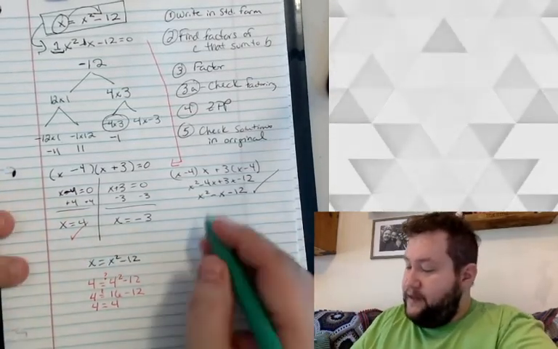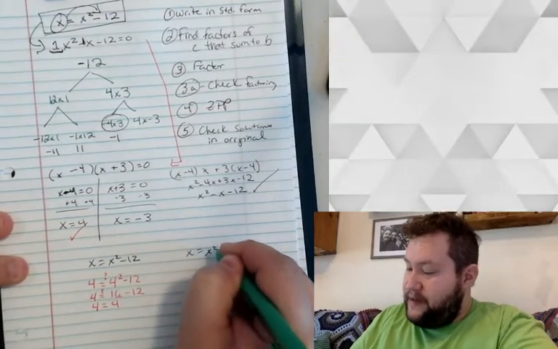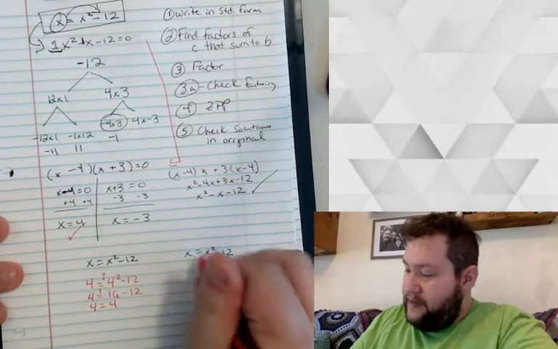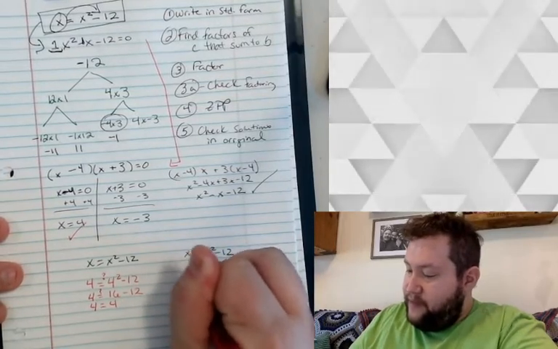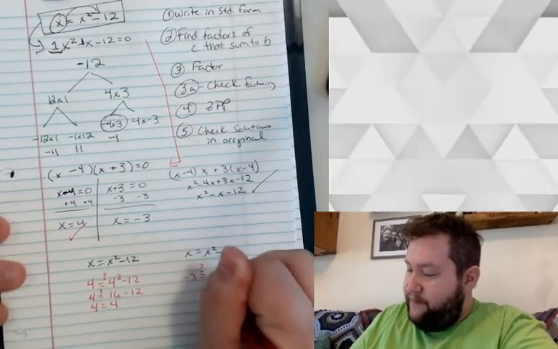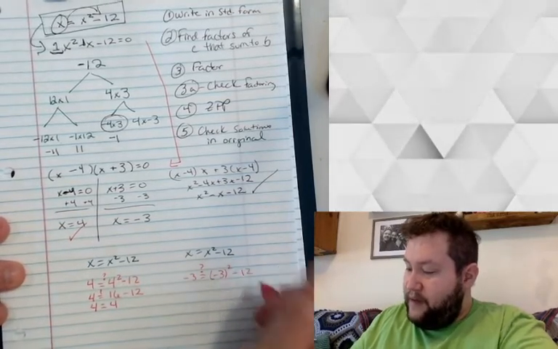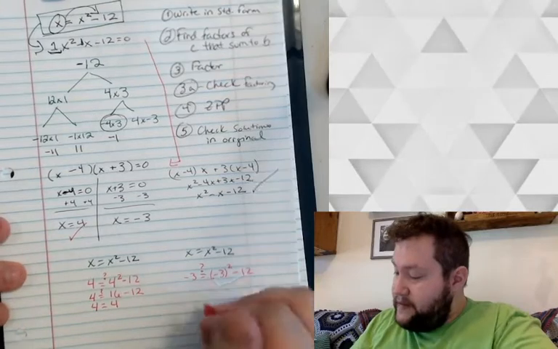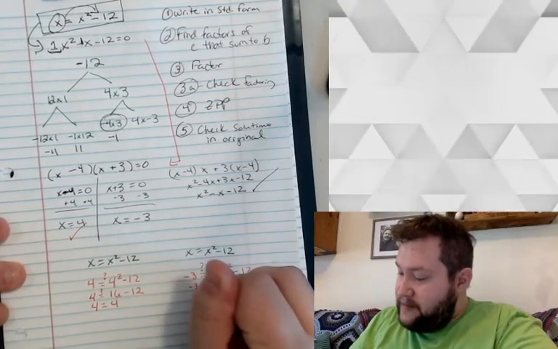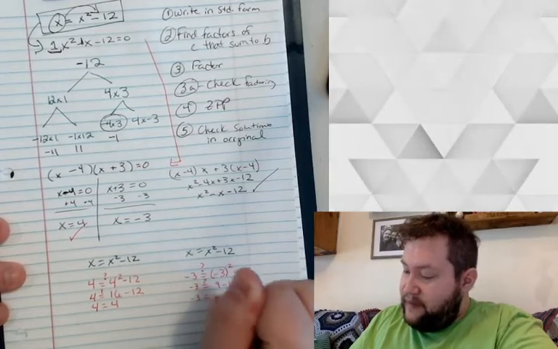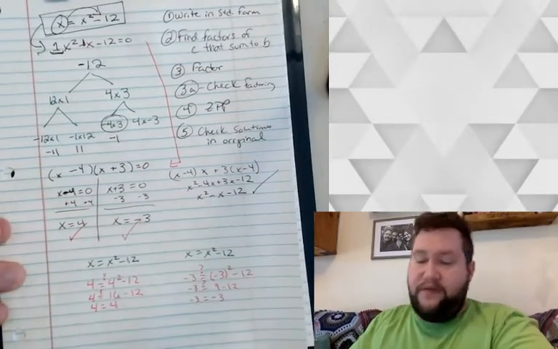And then similarly, x equals x squared minus 12. Check our negative 3. Does negative 3 equal negative 3 squared minus 12? Well, is it true that negative 3 is equal to 9 minus 12? Well, negative 3 does equal negative 3.